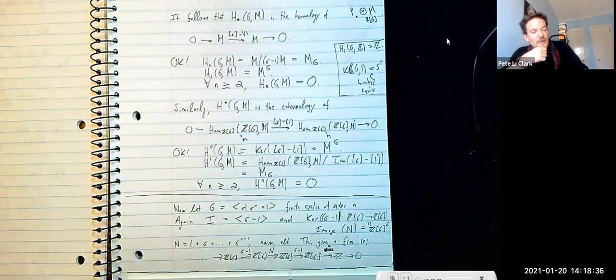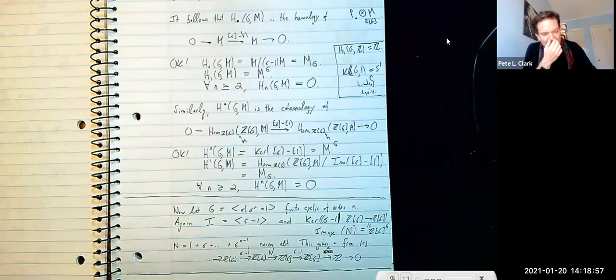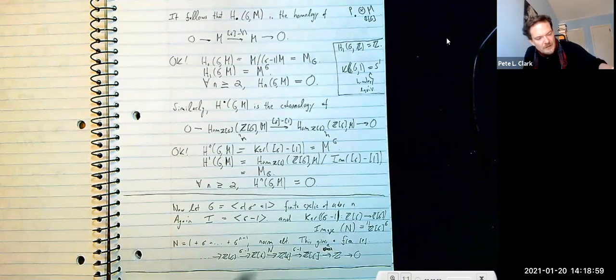Okay, so this is also a bit of an exercise that you get a free resolution just by taking ZG in every case, and then these maps are alternately multiplication by sigma minus 1 and multiplication by the norm element.